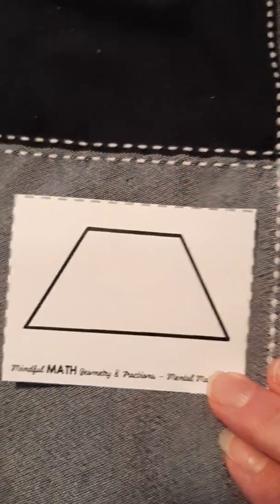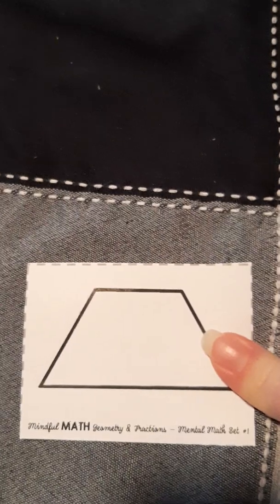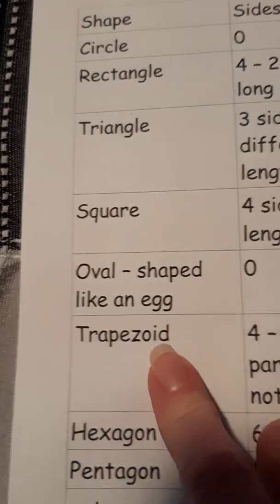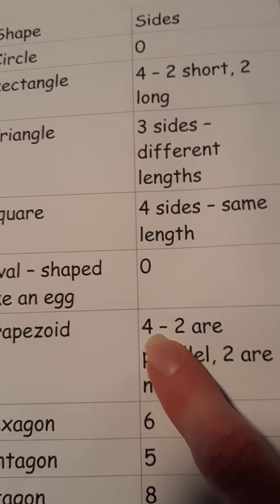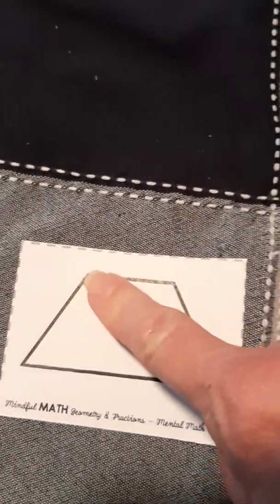A 4-sided shape. 1 set of lines. 2 lines are straight. And 2 lines are slanted. Do you remember what that's called? A trapezoid. Okay, 4 sides. 2 are parallel, which means 2 lines are straight. They'll never meet.